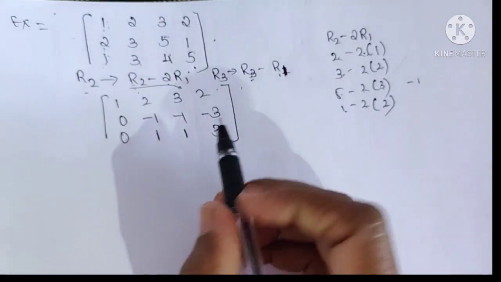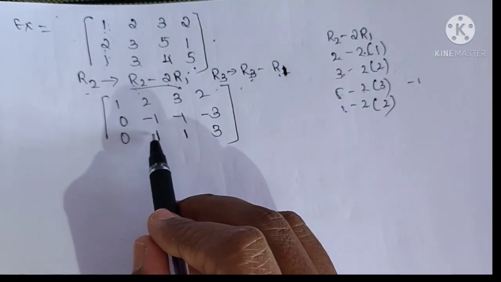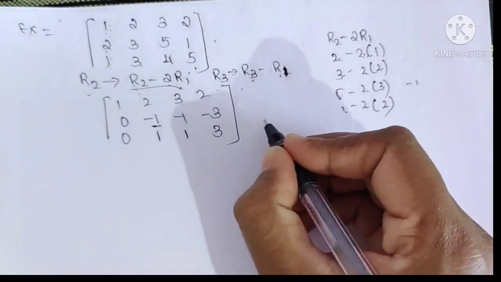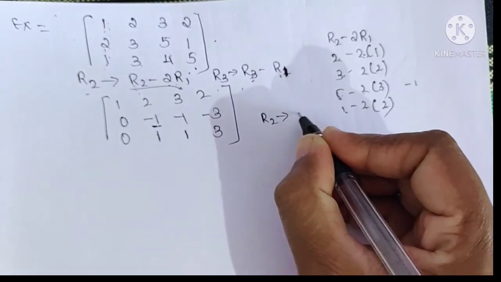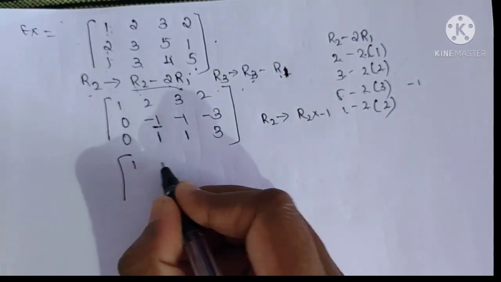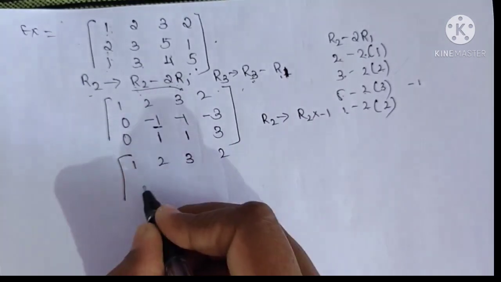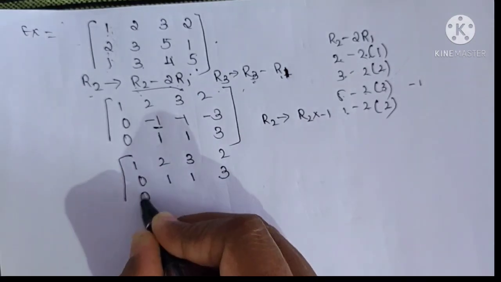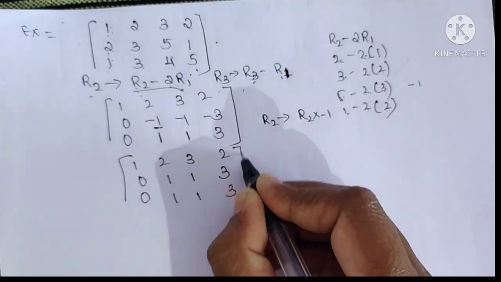See, here in the second row the leading element must be equal to 1, but here it is equal to minus 1. Therefore multiply row 2 by minus 1. We will get 0 1 1 3.